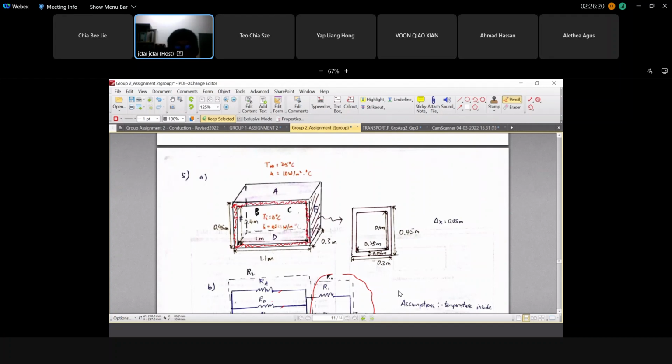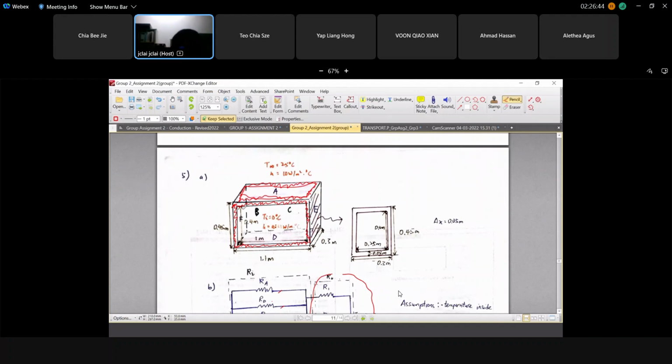Okay, actually all this part, because it has a thickness, right? Including this part, the side, all this area, should this area be considered as heat transfer area? Because it's through conduction, right?